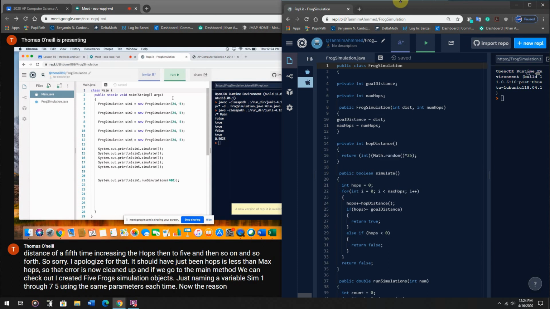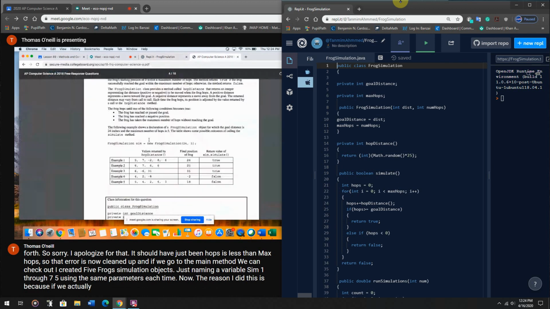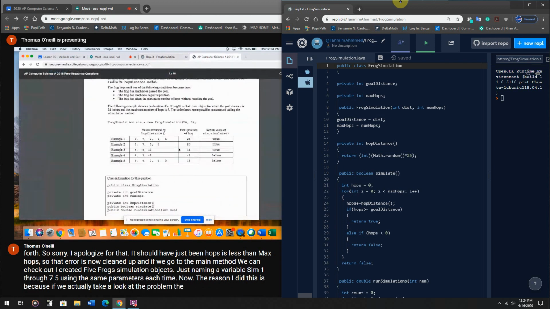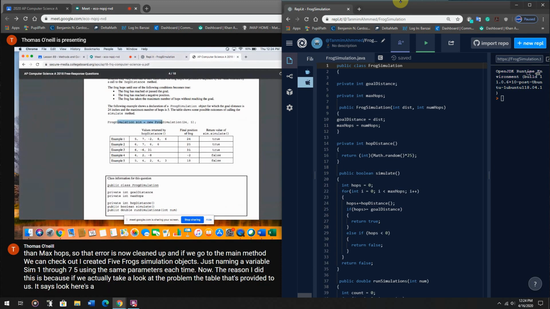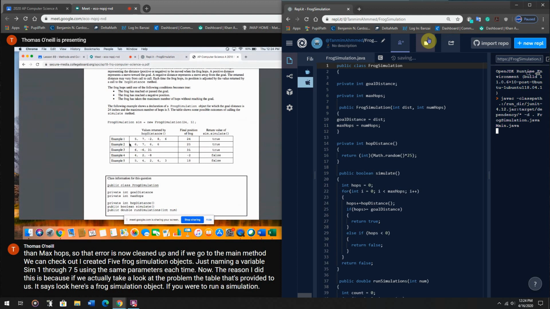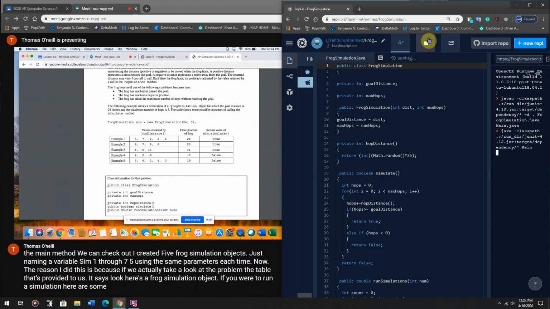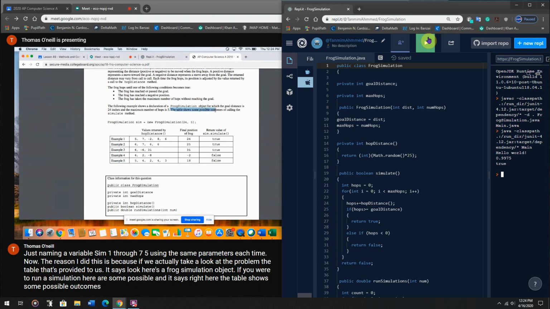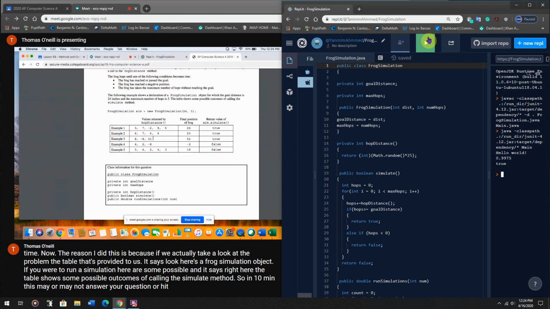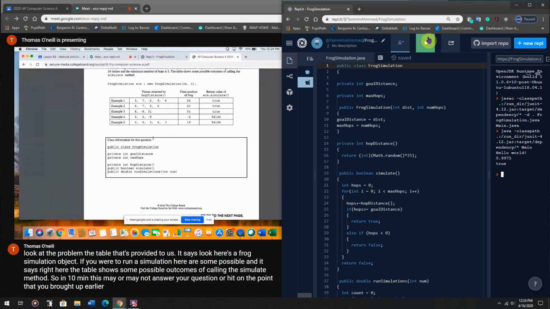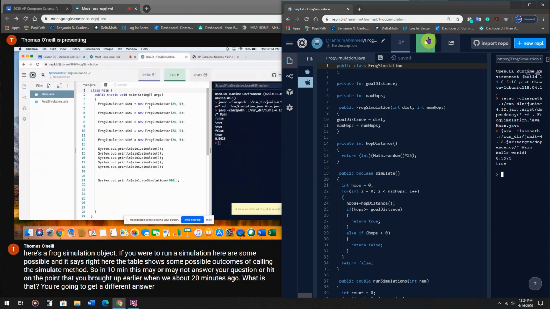The reason I did this is because if we take a look at the table provided to us in the problem, it shows some possible outcomes of calling the simulate method. And Tanmim, this may or may not answer the point you brought up earlier about 20 minutes ago, that you're going to get a different answer every time, just as you should.